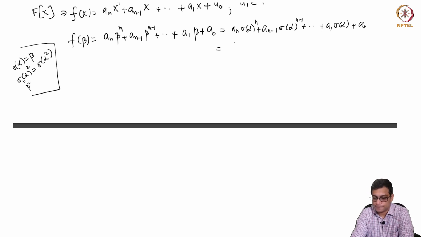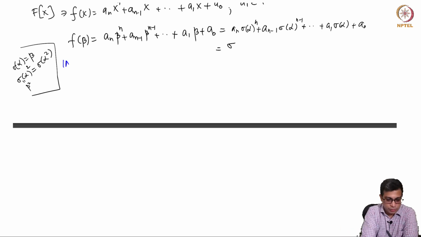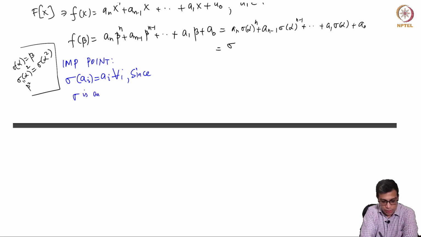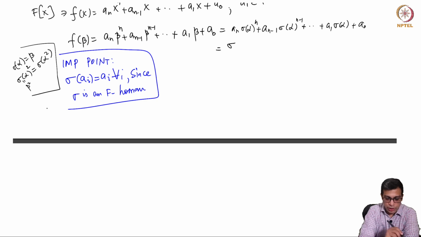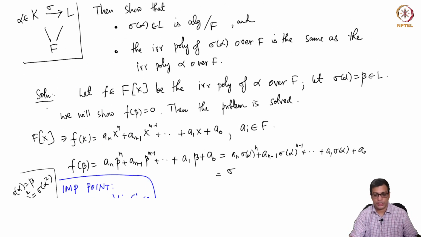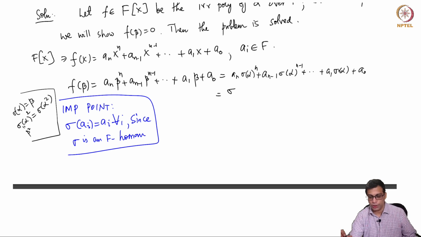Now the other important thing, so this is the important point. The important point is sigma of a_i is a_i for all i, since sigma is an F homomorphism. Okay, so this whole thing will not be true if sigma is not an F homomorphism. So I am going to crucially use that fact.